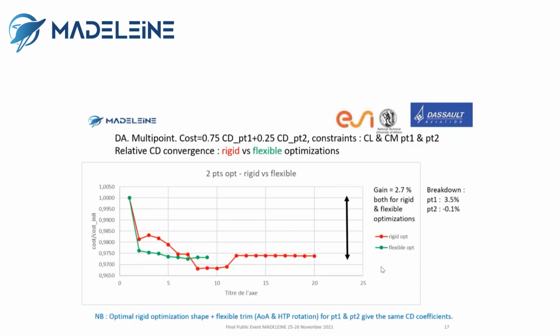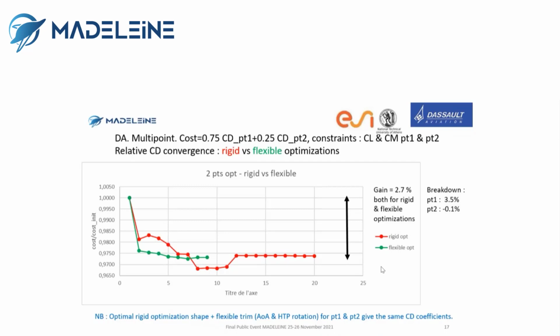And here, if you compare rigid optimization in red color and flexible optimization in green color, we have mainly the same gain, 2.7% on the blended drag coefficient, the cost of the optimization.